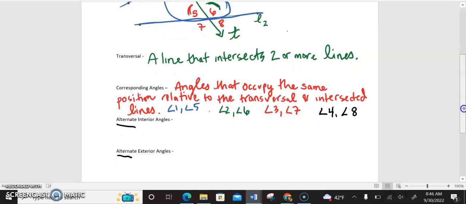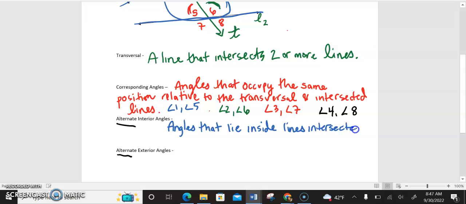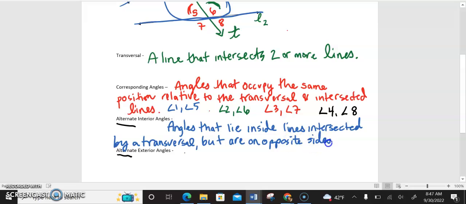Okay, so what are alternate interior angles? They are angles that lie inside lines intersected by a transversal, but are on opposite sides of the transversal.